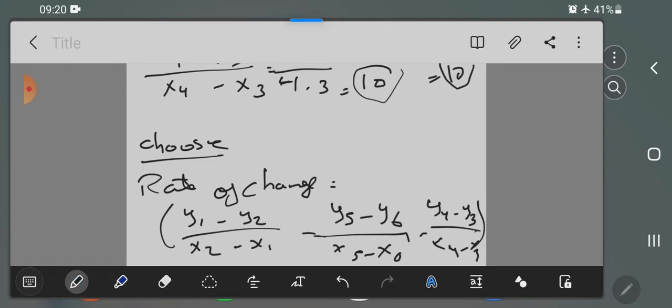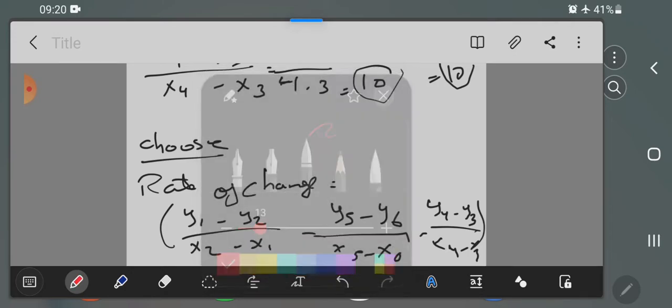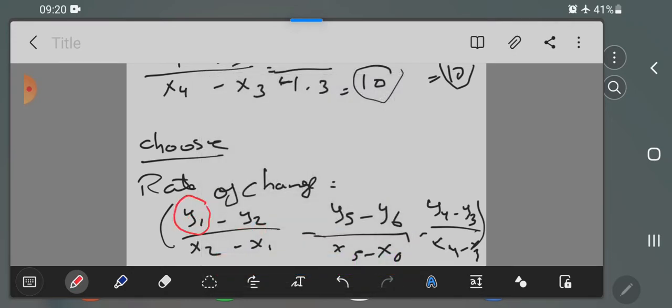First, this one is not right. Why? Because we took the upper minus the lower. We need to take the lower minus the upper. Okay, this one is not right. What about y5 minus y6? Again, we took the upper minus the lower. It's not right. Here we have y4 minus y3. We took the lower minus the upper. That's right. Here is our correct answer. Okay?